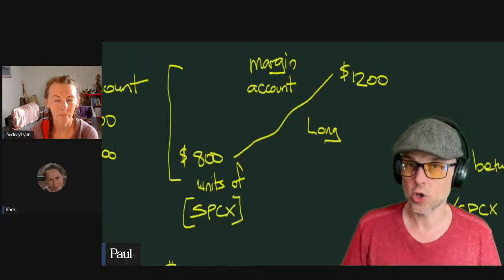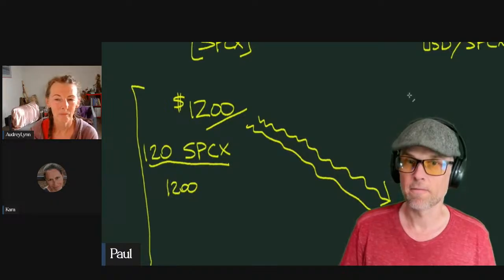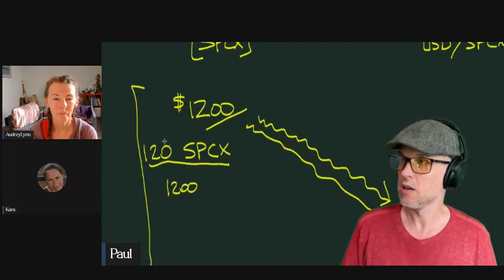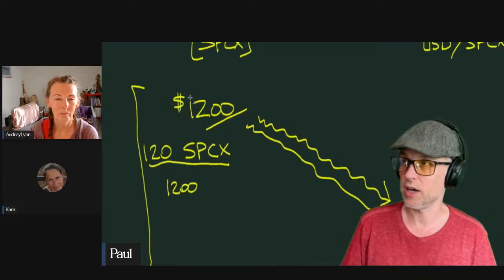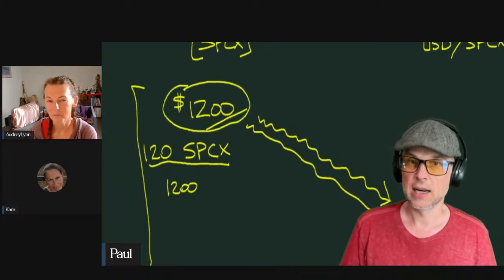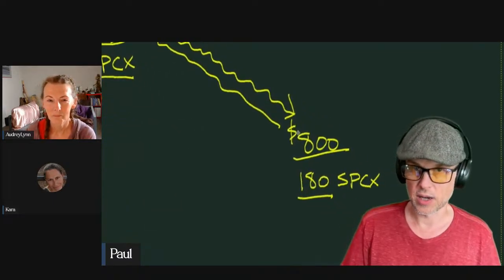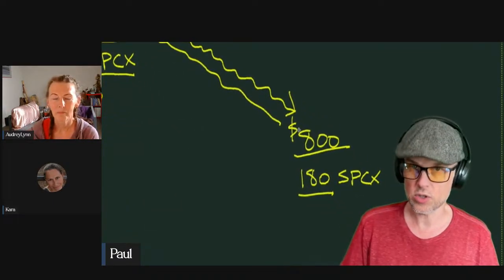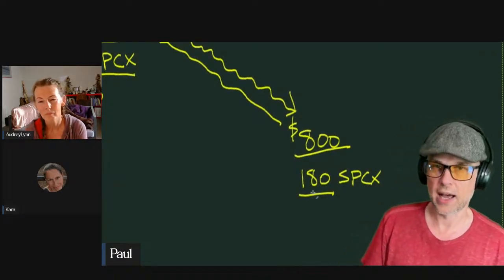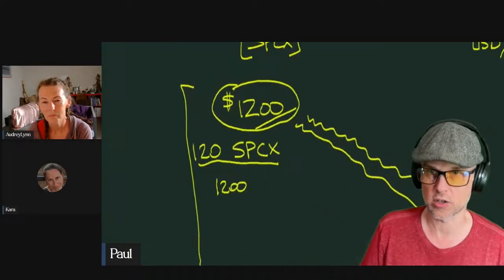If you're going to go short, you're taking out a loan for US dollars, saying, I'm putting in $1,200 right now, and then I'm going to close this trade. It's a better way to put it. Close this trade when I can get 180 SpaceX with those dollars.